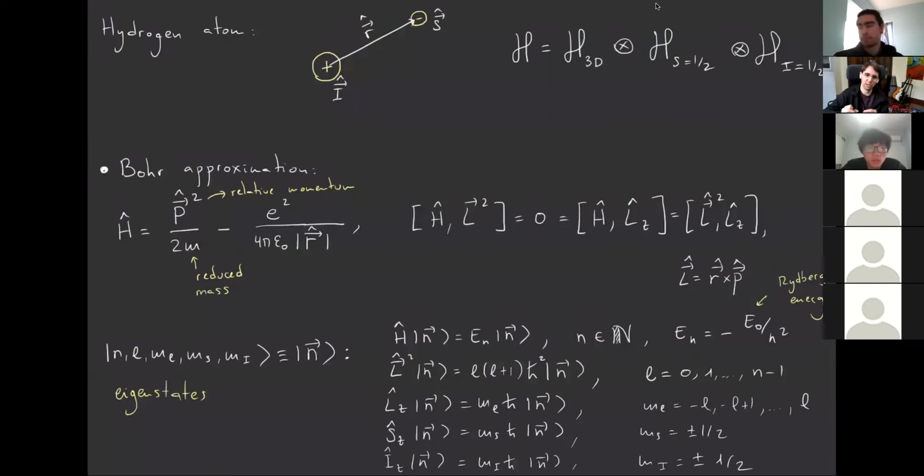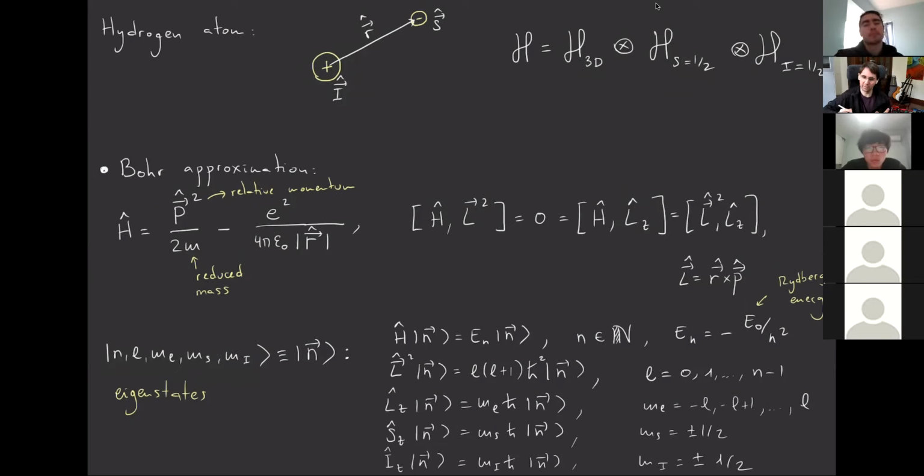You will never change the total spin of the nucleus within the processes that we are working on in quantum optics. In particular for the hydrogen, you cannot change it because that's a property of the proton. You would need to change the proton into another particle with another spin. So then essentially, these are the 5 quantum numbers that are important for the quantum theory of the hydrogen atom.